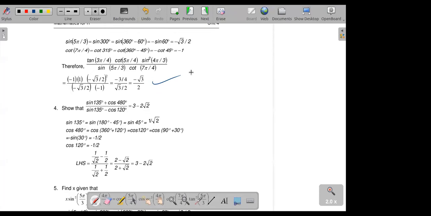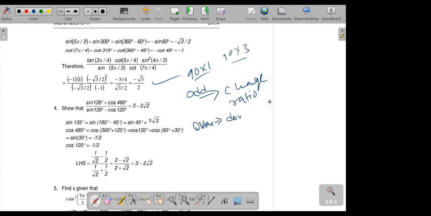First, we have to see whether the multiple of 90 is odd or not. If it is odd, then change the ratio. Ratio means sine to cos, cosec to sec, and so on. If it is even, don't change. Okay, so this one is clear.